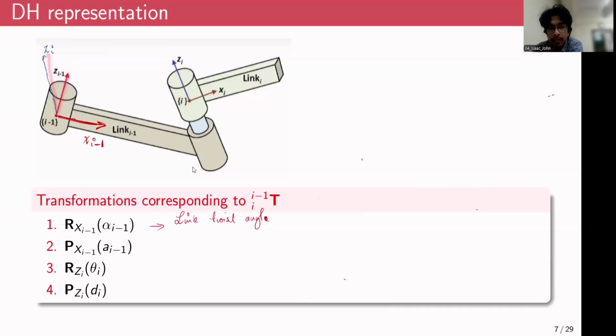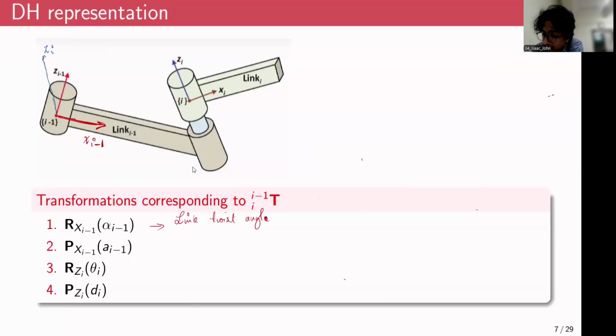These two will have to be aligned. So if you rotate by an amount alpha i minus 1 about xi minus 1, the relative orientation between zi and zi minus 1 can be taken into account. So that is the first transformation, right? Once you have made the rotation, zi minus 1 will now be oriented along zi.